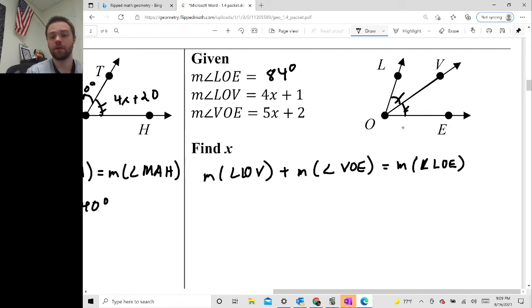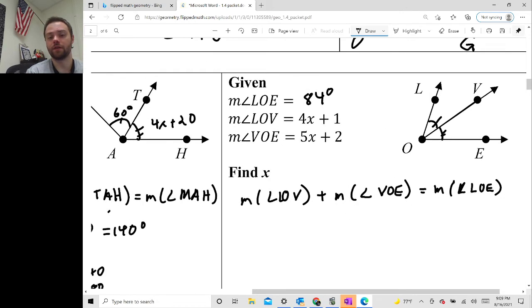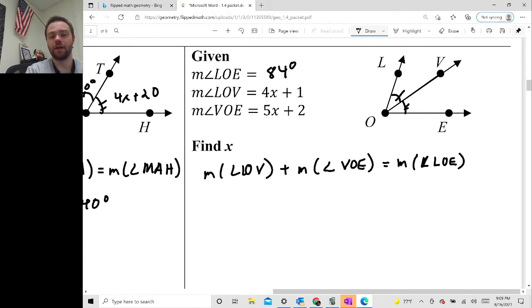Okay? Angle LOE, the entire thing. And they're saying that LOV is 4x plus 1, so this quantity is 4x plus 1. Let me write that a little nicer. There you go. And this one is 5x plus 2. So I know that 4x plus 1 is the measure of angle LOV plus 5x plus 2 should equal 84.